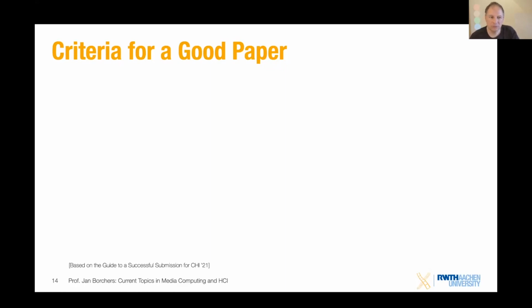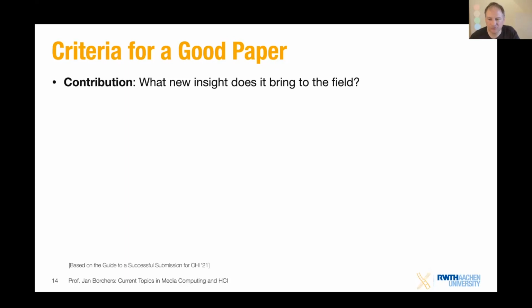So what makes a good paper is, first and foremost, of course, the contribution, right? You already know about the contribution. That's the question: after I read this paper, what do I know that I didn't know before? That's the key question that the contribution of a paper should address.